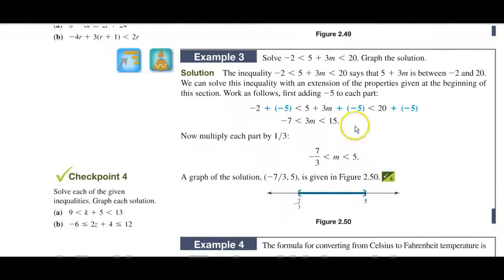All right, let's go on to example 3, and I'll set that up over here as well. This is a compound inequality where the variable is in the center of 2 inequality signs.